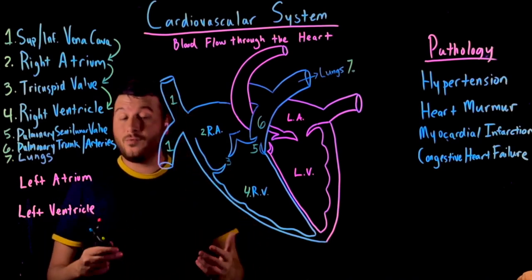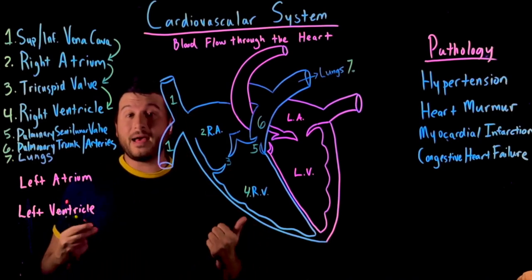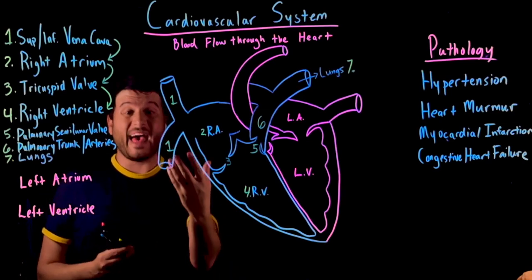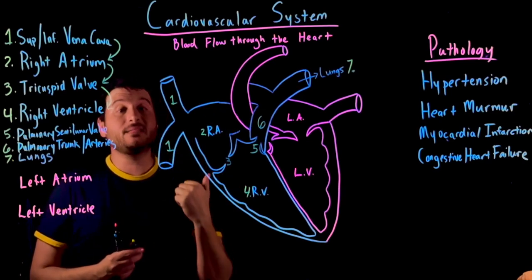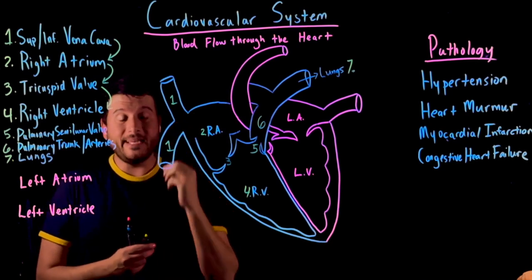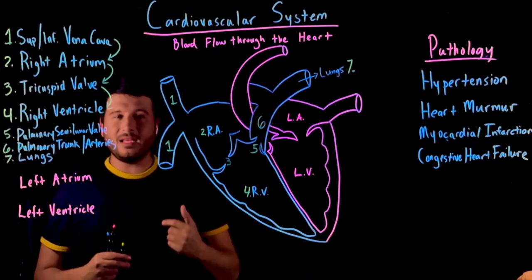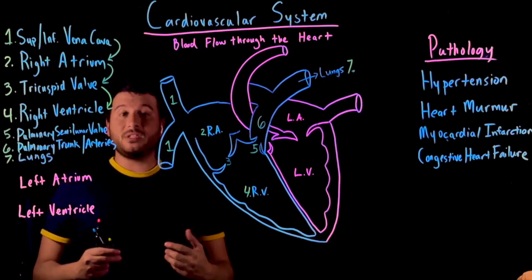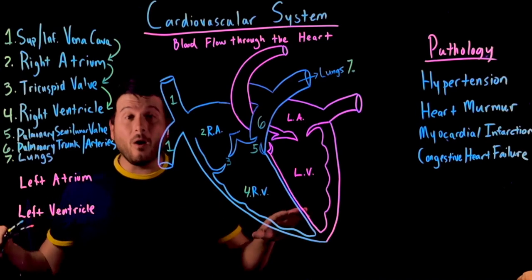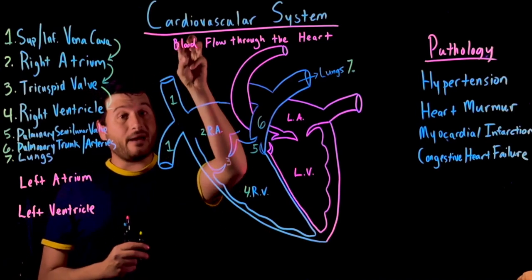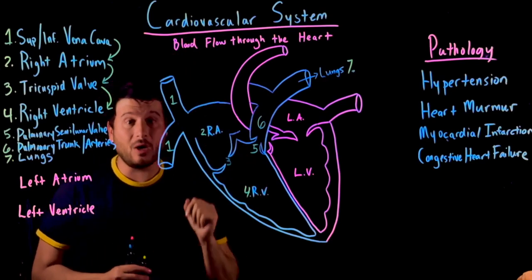Those lungs, through breathing, will pick up that oxygen. We also drop off carbon dioxide, which we end up exhaling. But we've picked up oxygen in that blood, and now that blood is oxygenated. It is freshly oxygenated blood, and that oxygen can now be used to deliver to all the tissues of the body.